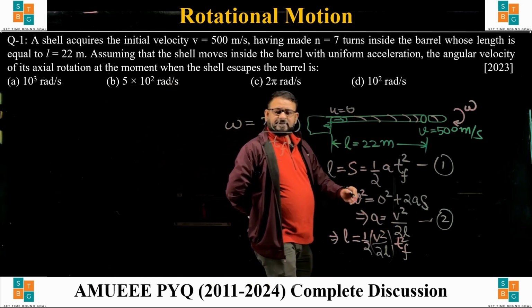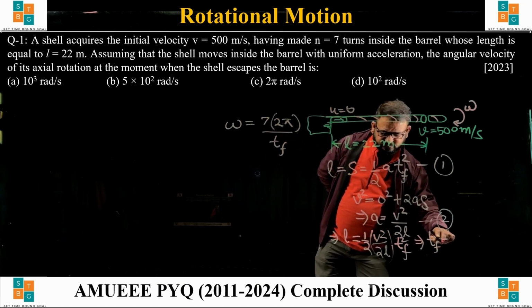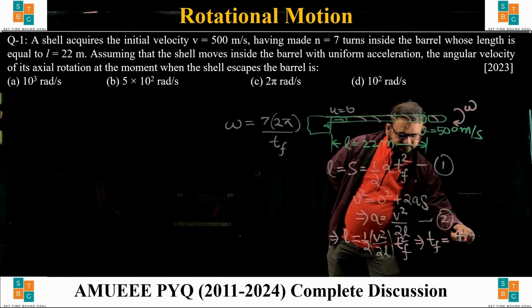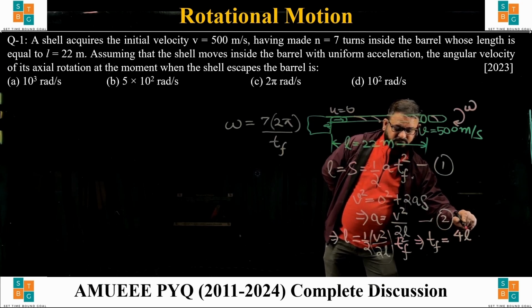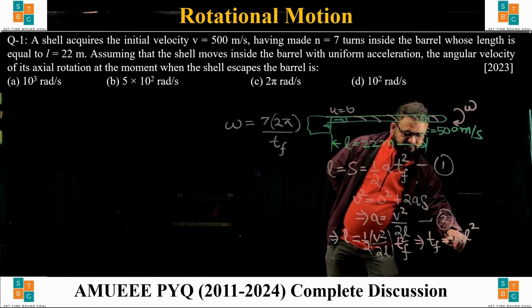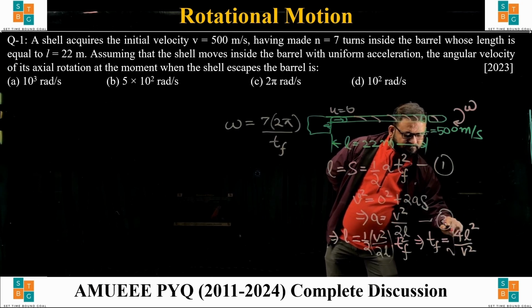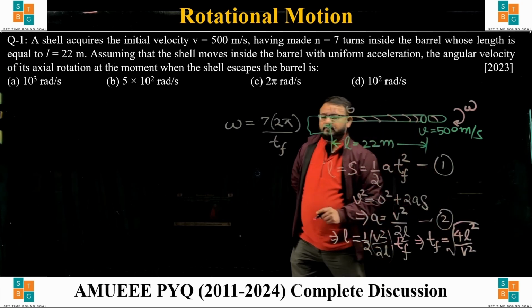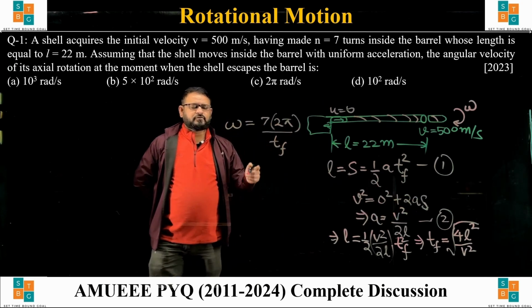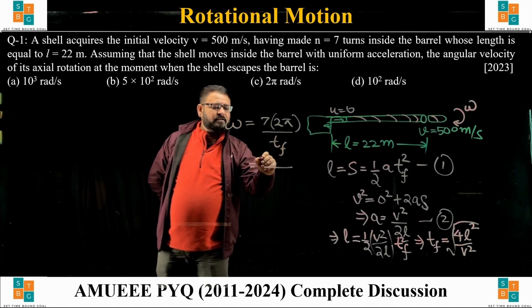Okay, so let us write the time of flight: square root of 4L square by V square. So this we know, and we can write it down here.